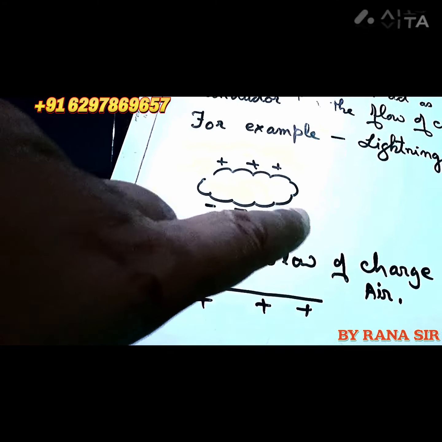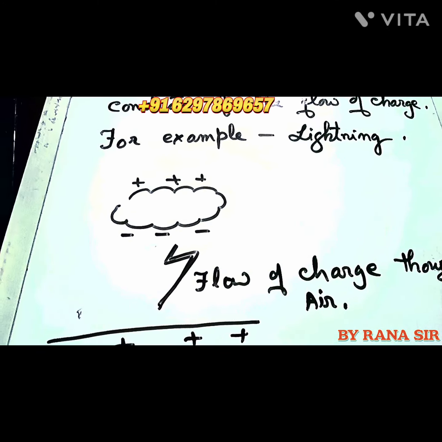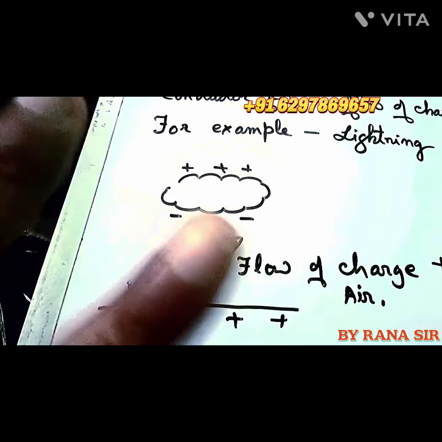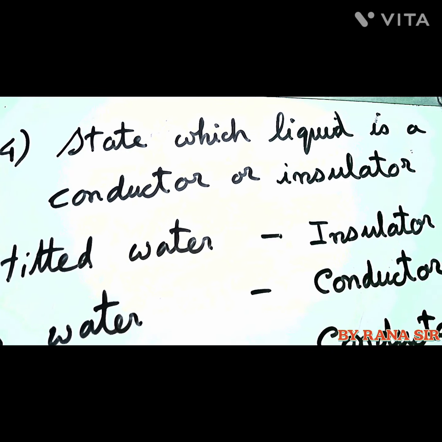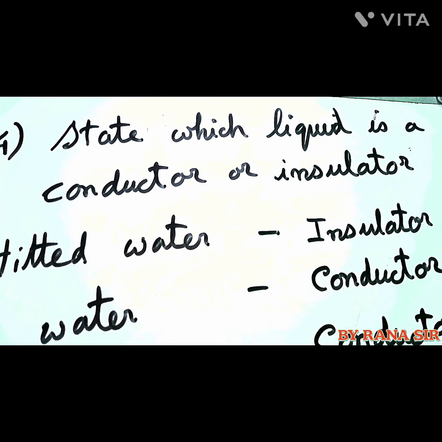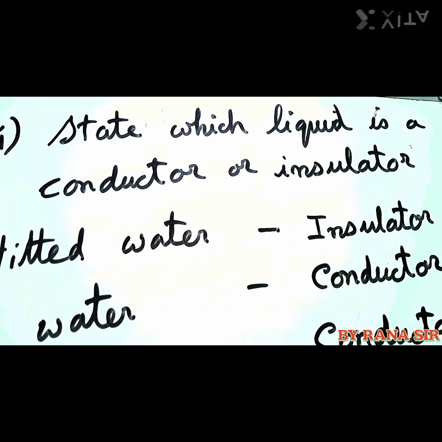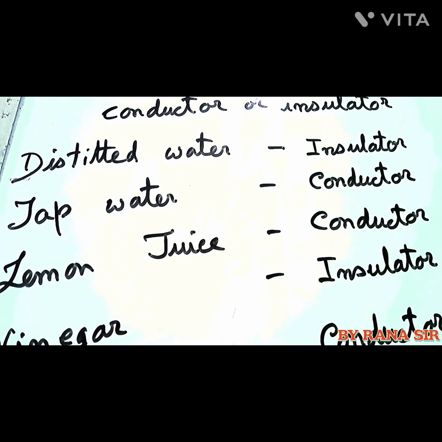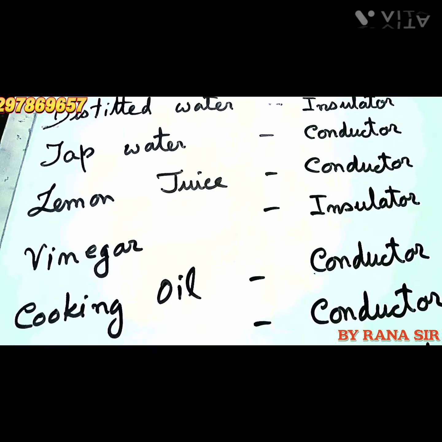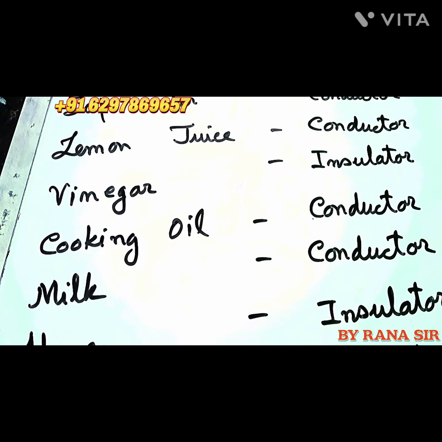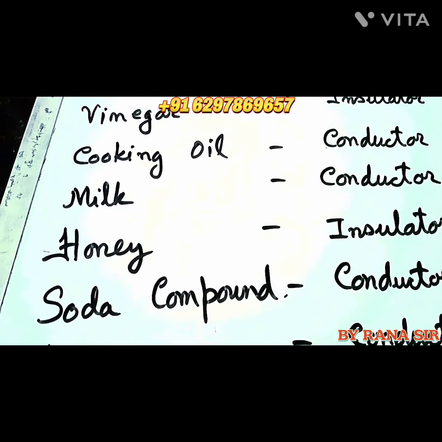But in a situation where there is an accumulation of charges, then air acts as a conductor for the flow of charges. For example, lightning. So in this diagram, we can see that the cloud has positive charge on the topmost layer and negative charge in the lowermost layer, and the earth has positive charge.